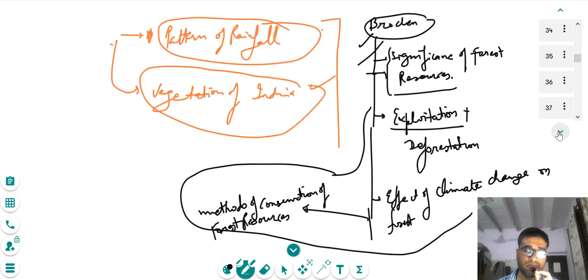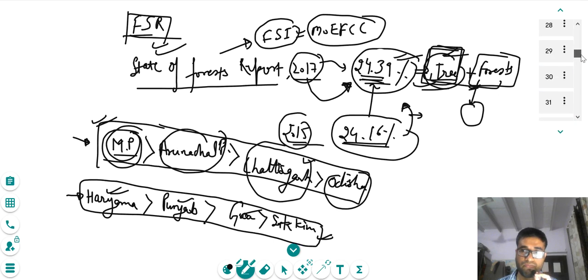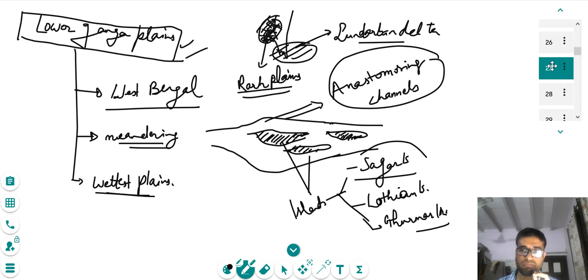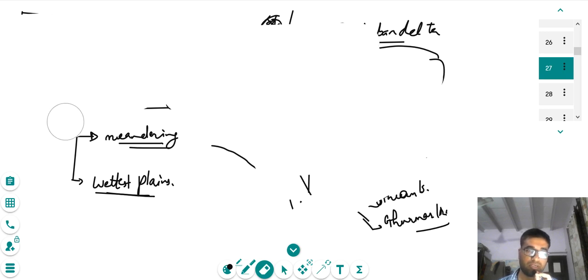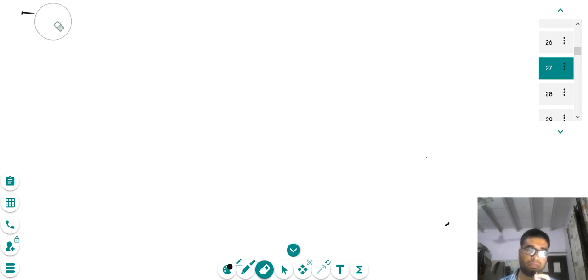Now there is one peculiar characteristic that needs to be understood. In the case of the Himalayas, there was formation of two syntaxial bends.